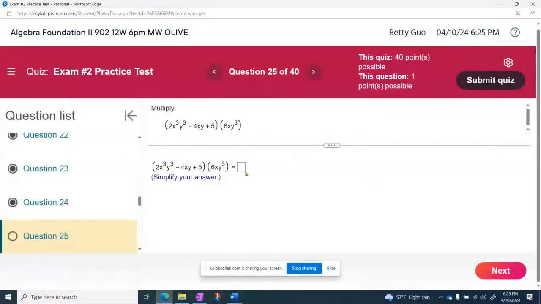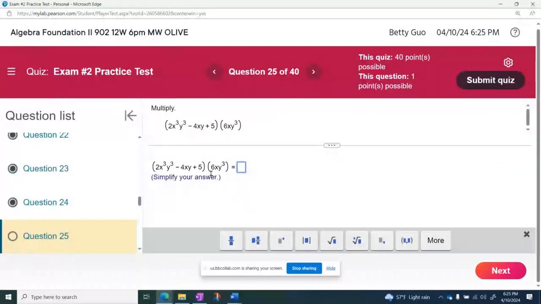All right, let me enter the answer. When I enter the answer, I'm actually using the distributive property. 6 times 2 is 12x to the power 4, y to the power 6.